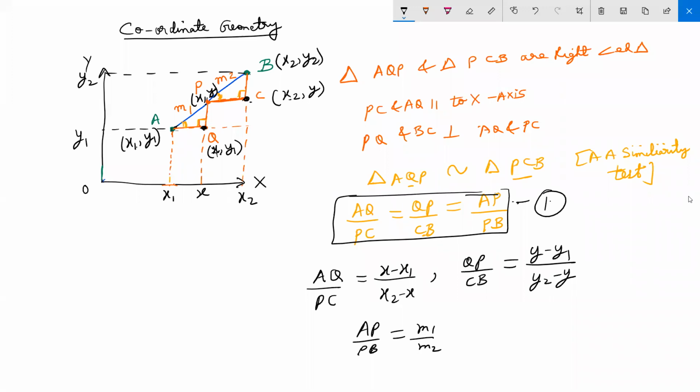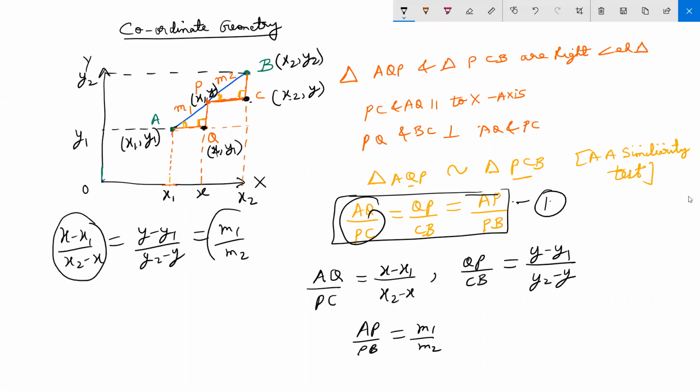So AQ upon PC is x minus x1 upon x2 minus x. This is equal to the ratio of QP by CB, so it will be y minus y1 upon y2 minus y, and AP by PB is m1 is to m2. So you can equate any two ratios. So I equate these two ratios so as to find out the value of the x coordinate.